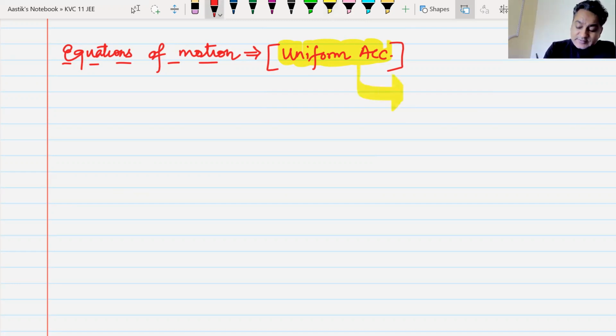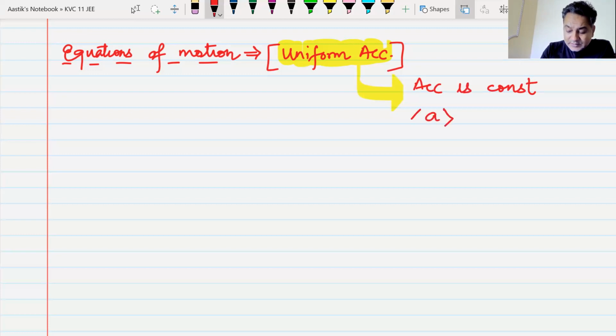Acceleration is constant, acceleration remains same. So I can say, if someone tells me average acceleration between any 2 points, that will be equal to instantaneous acceleration. Acceleration at all the points is going to be same. So whether you find out average or you find out instantaneous, everything will be equal. Yes or no?